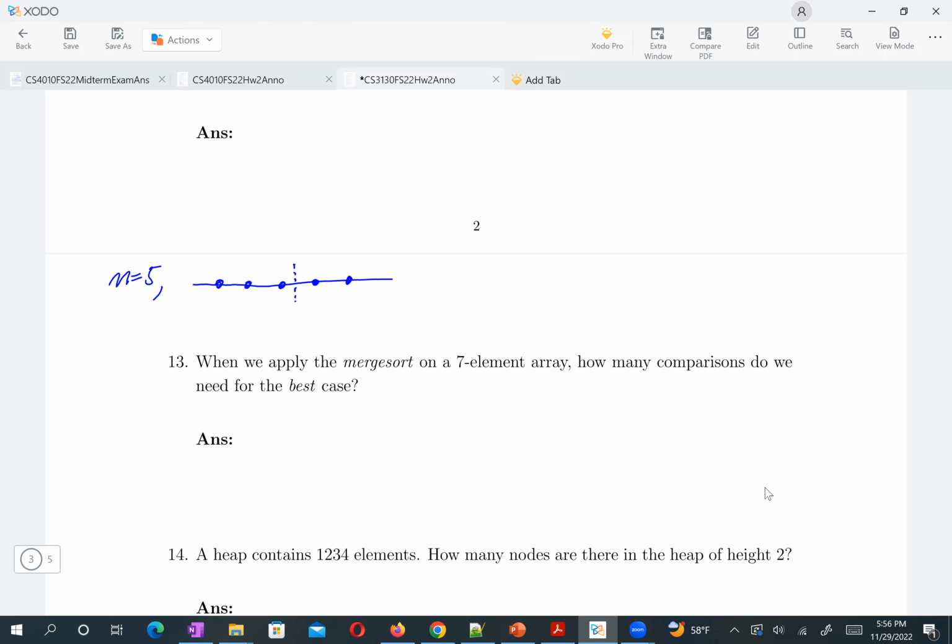Then divide another round. 2 and 1. Then the last round split, 2 and 2.